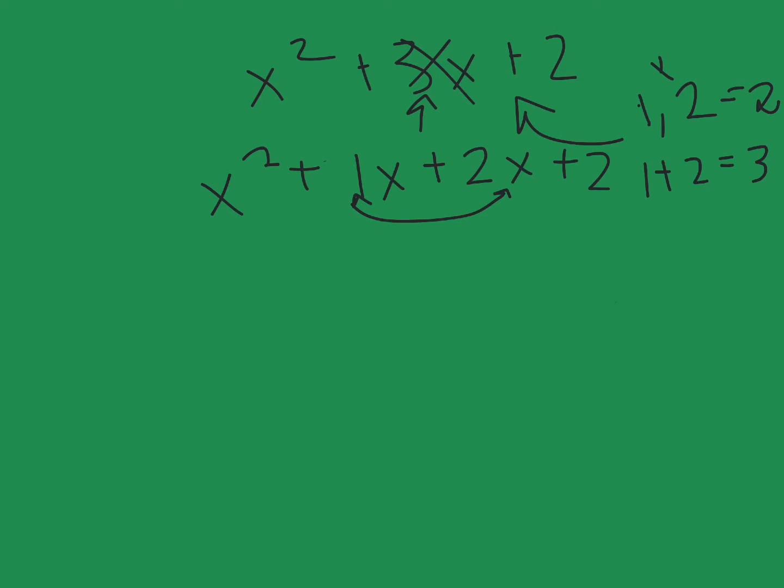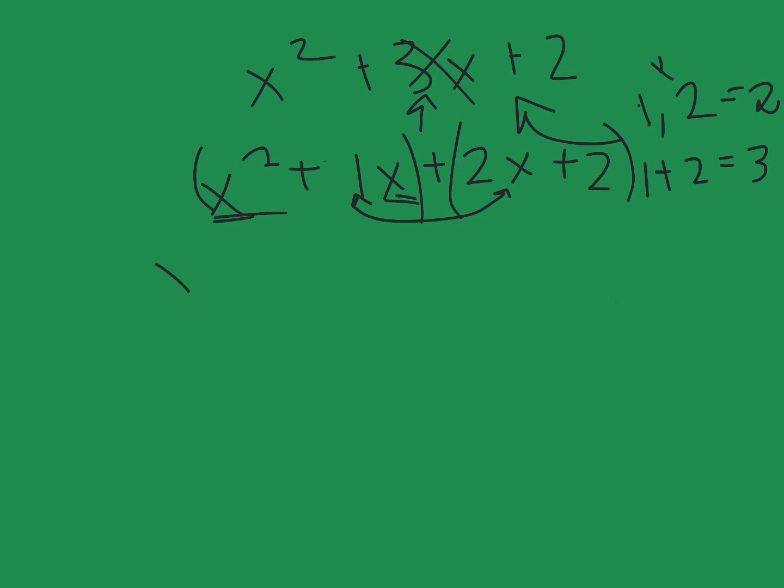So our next step is going to be using our parentheses here. And we want to simplify this a little bit more. So I'm going to factor out these numbers. So here I have two x's, right? What can I do?